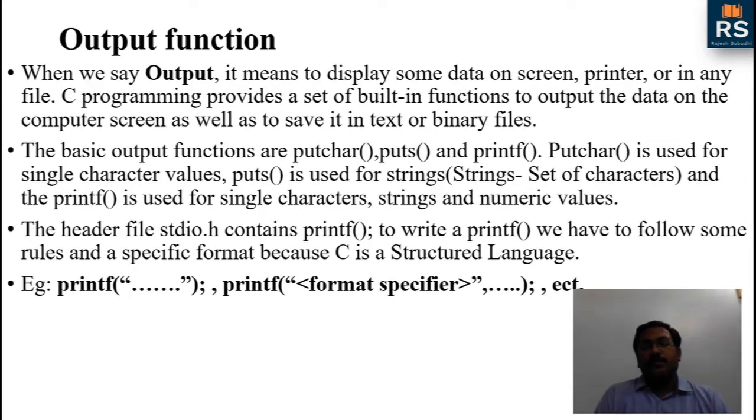If you have a value in your variable and you want to display that value on your screen, you need a format specifier to specify what kind of value you are getting from the variable to print it. Fine. So what are the format specifiers which we have? We have different format specifiers for different data types. We will see in the example section.